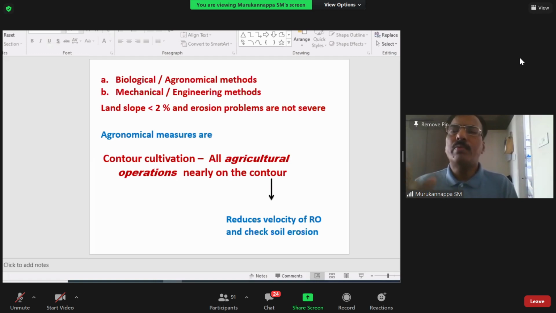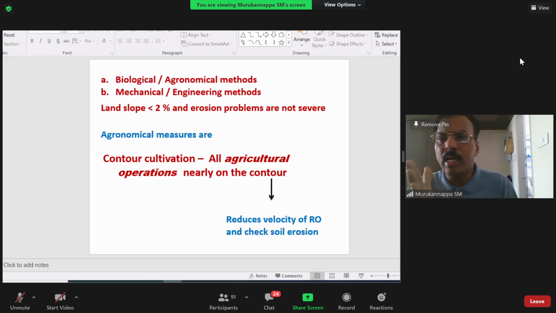If the area has more topography, taking just one factor, rainfall: if it is a heavy rainfall, it needs a check. It needs mechanical measures to stop it. It needs an engineering structure to stop it.